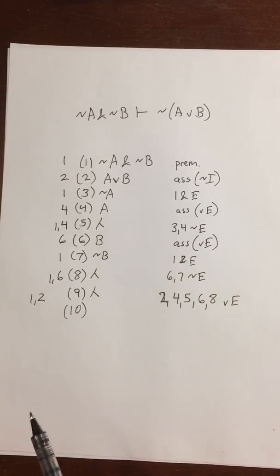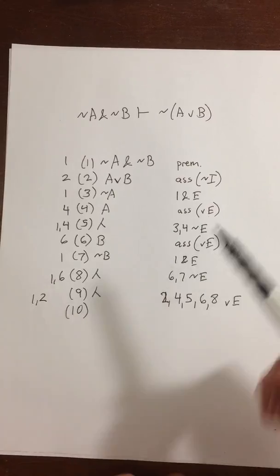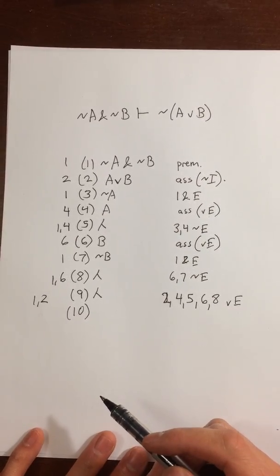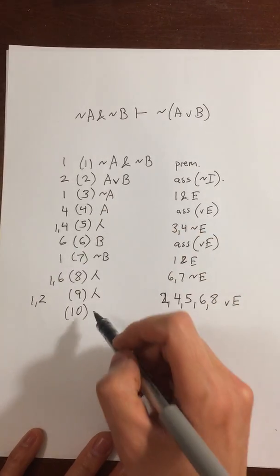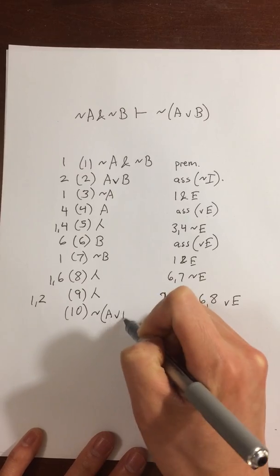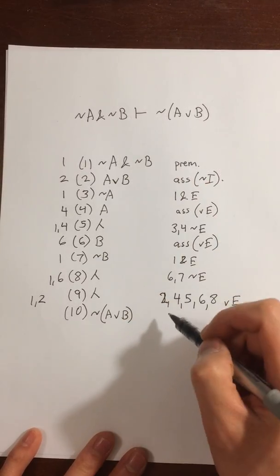the 10th line, after we get our contradiction, right, we then can negate one of our assumptions. And the assumption that we're trying to negate is, of course, the second line. So here, we're going to negate A or B, right? And once we make that negation, of course, that's our conclusion.